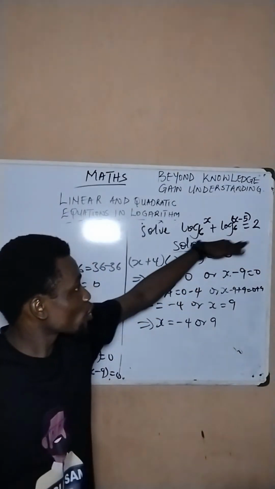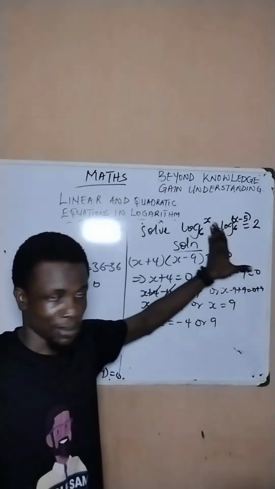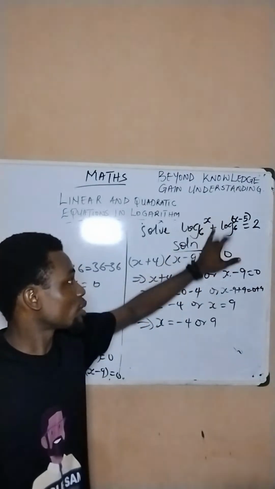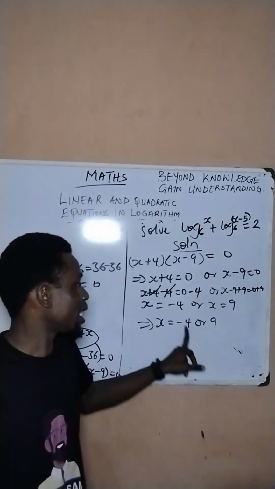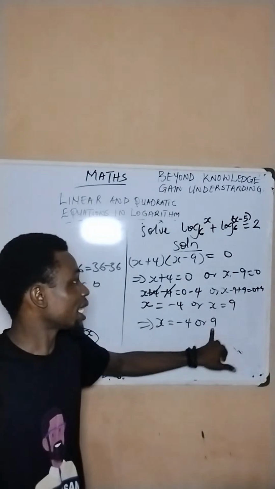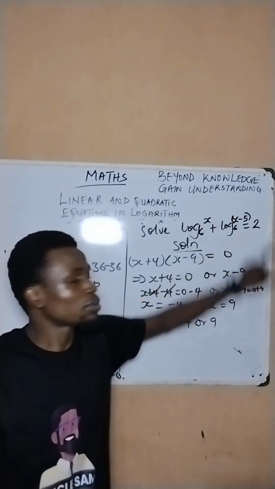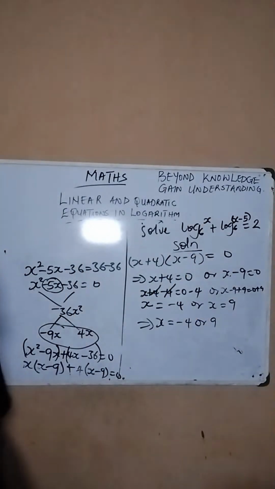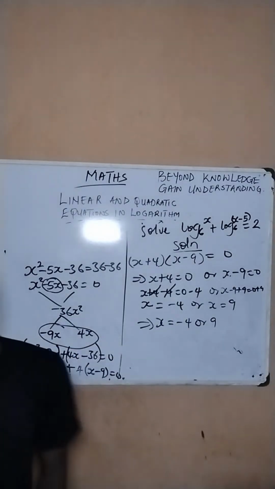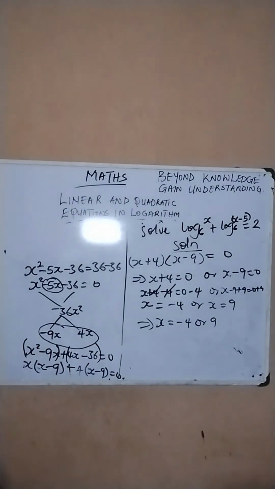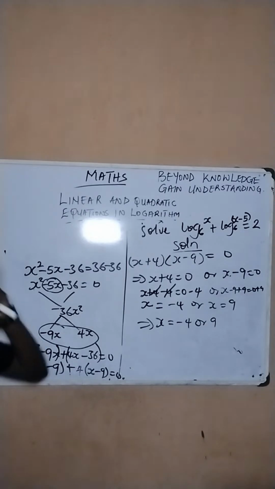That is, when you solve the left hand side and substitute x to be either negative 4 or 9, it's going to give you 2. So that's what it simply is. That's the basic idea. We found our x to be negative 4 or 9.